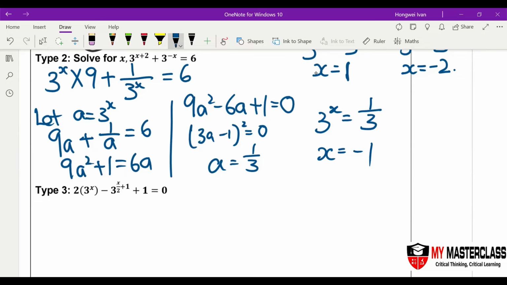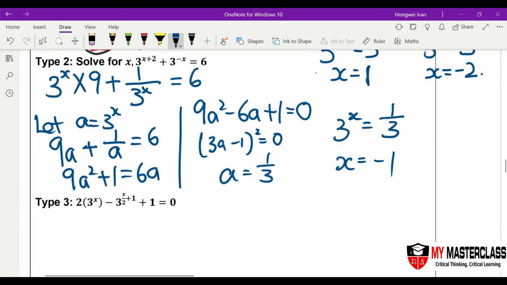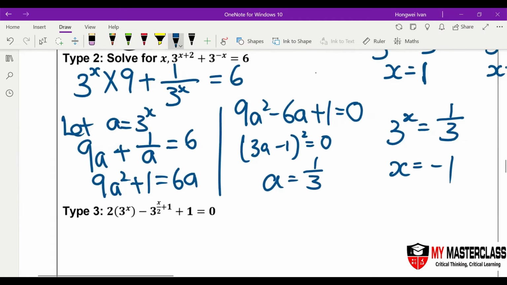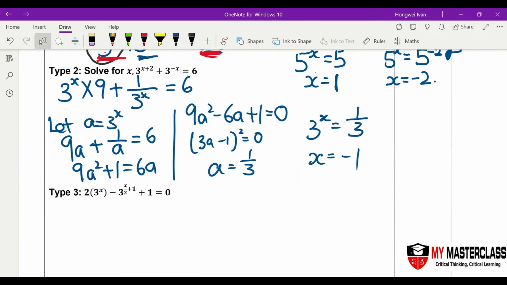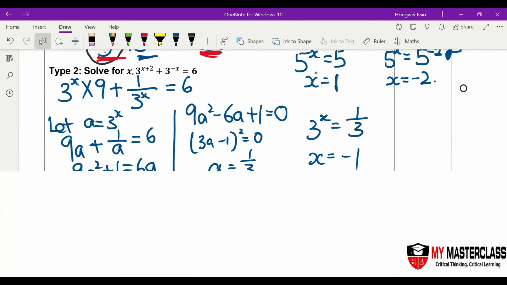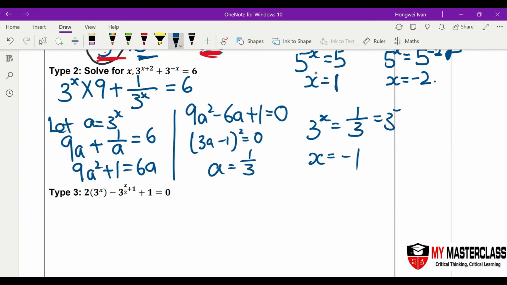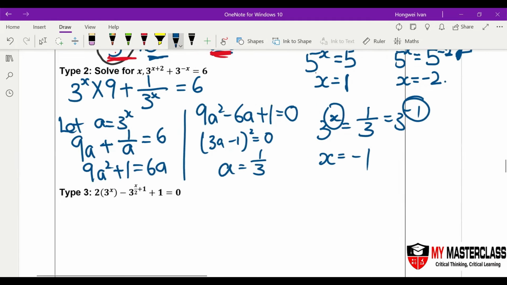Vanessa, do you agree? Yeah. Okay. Actually, if you cannot see, then you write 1/3 as 3 power negative 1. Then you can see that the powers are the same. Understand? Okay.